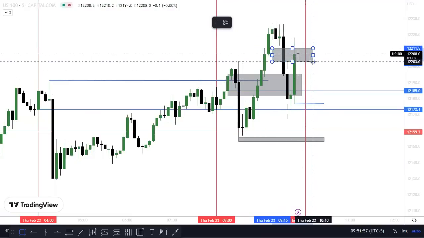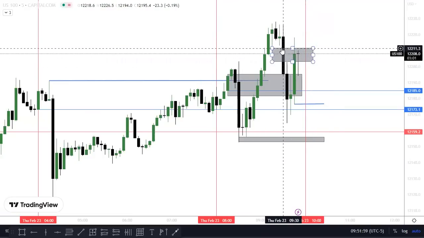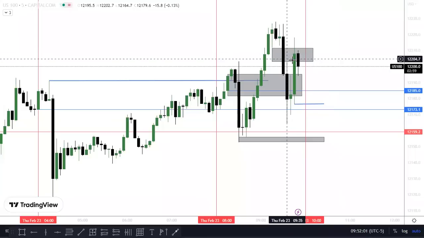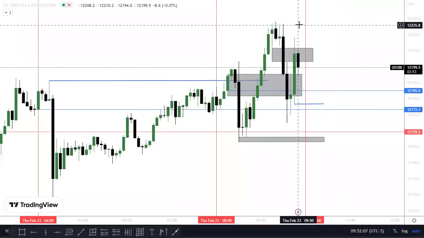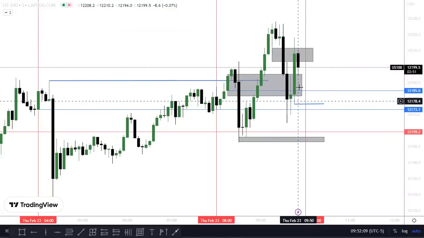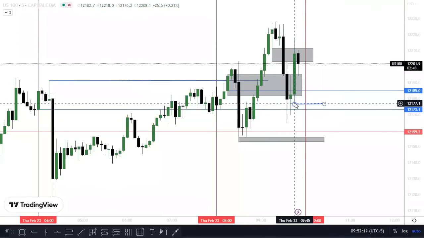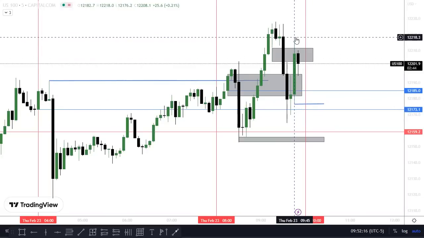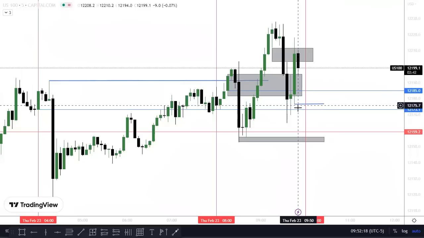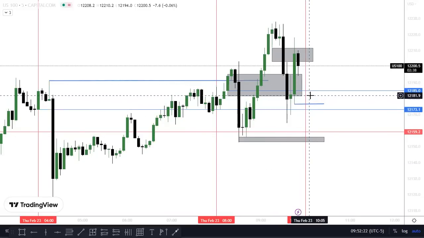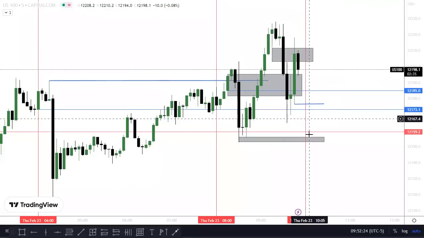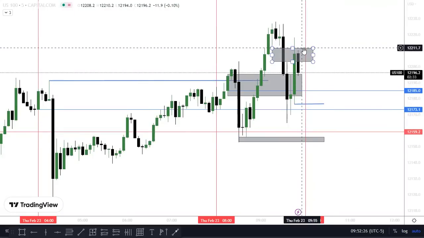Once we're here, I'm comfortable sitting patient, keeping in mind where this setup is invalidated, and waiting to manage the position once you get below here. With a close below here, risk comes off. With a trade below here, like a wick, anticipate a retracement. After the retracement and we expand, risk comes off.